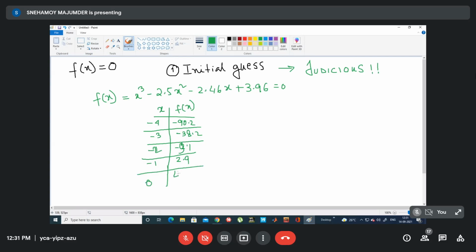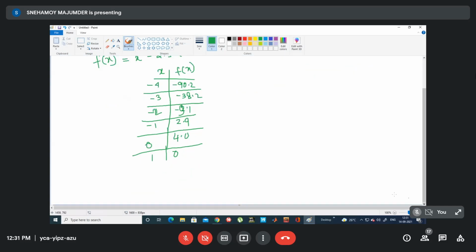At 0, 4.0. At 1, 0. At 2, -3. At 3, 1.1. At 4, 18.1.